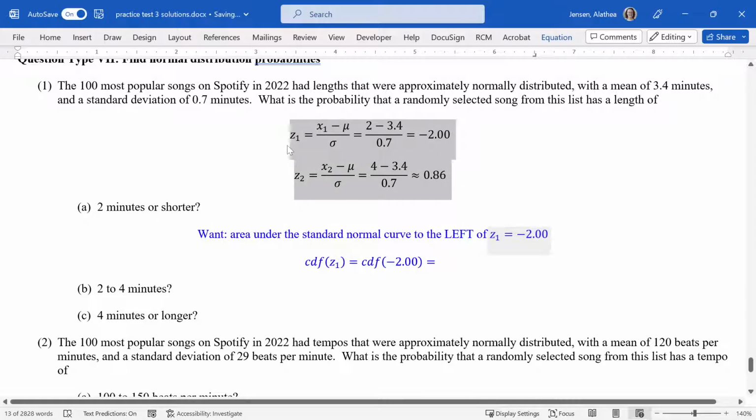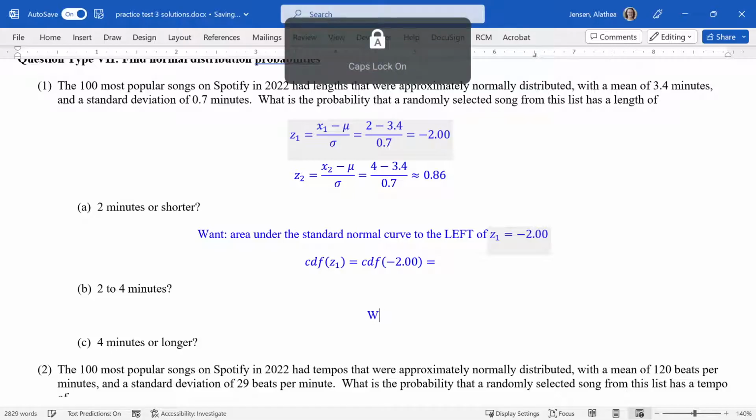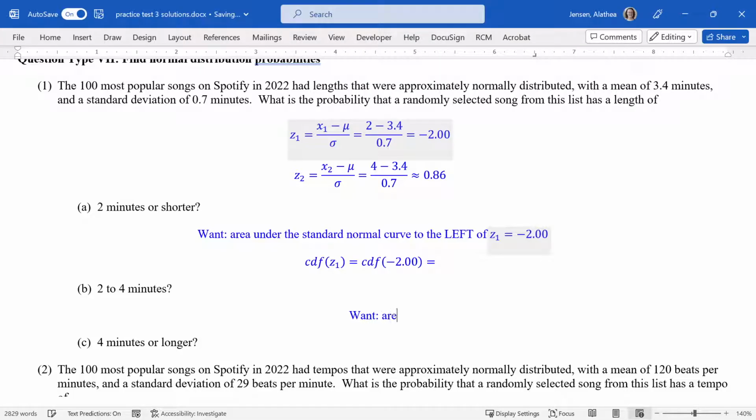Okay, so for part B, we want the area under the standard normal curve.